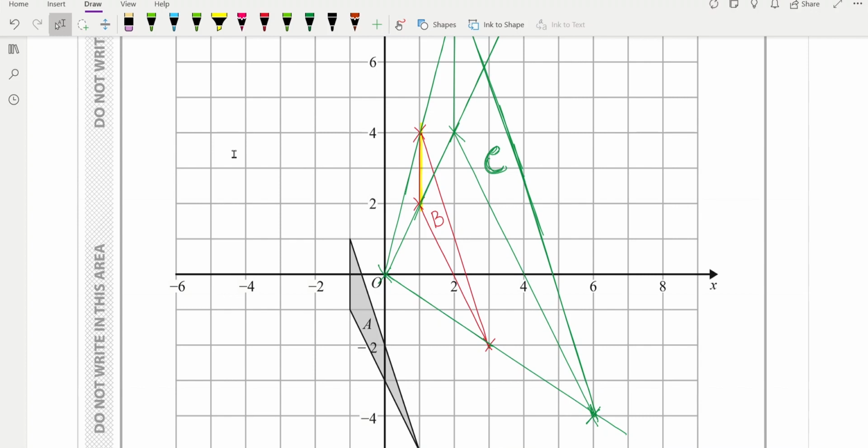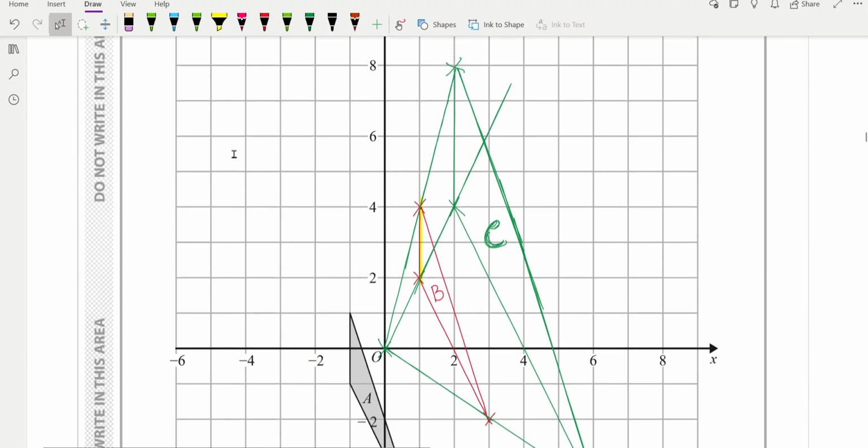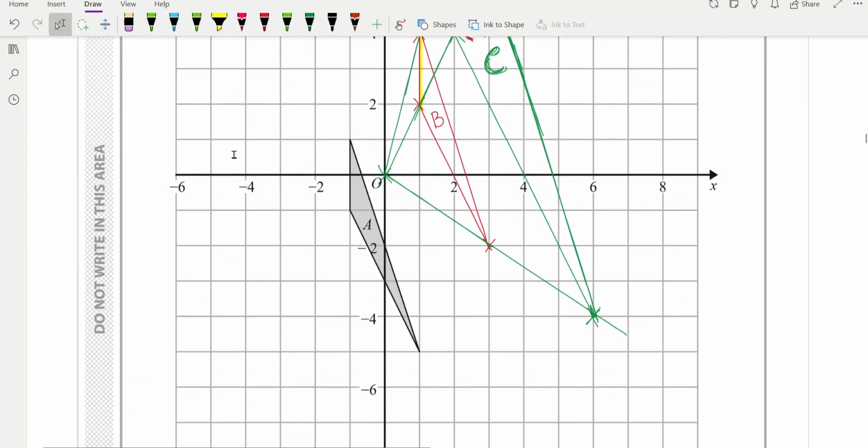I will write the coordinates of C so that you can identify them. The coordinates of this point are 2 and 4, this point is 2 and 8, and this lower point is 6 and minus 4.